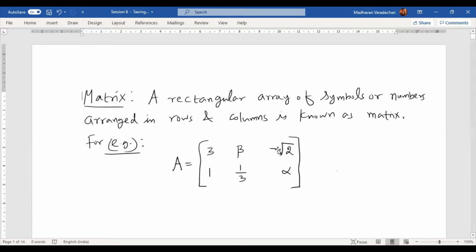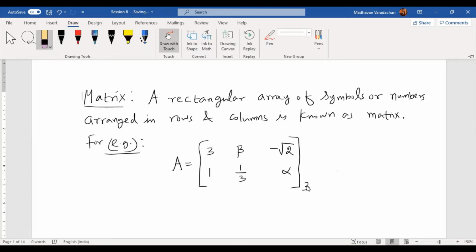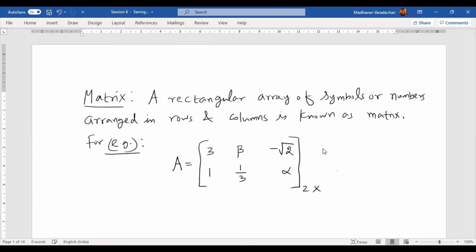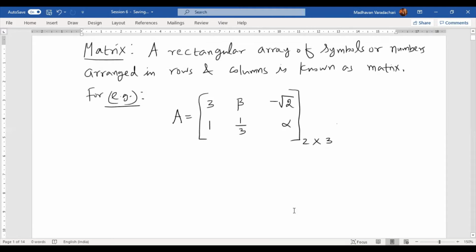So this, whatever I have drawn, it has got two rows, 1 and 2, and then 3 columns. So we generally denote it by 2 by 3. We call it as 2 by 3, 2 rows by 3 columns. When we write it, we write this cross, 2 cross 3, but we pronounce it as 2 by 3 matrix.